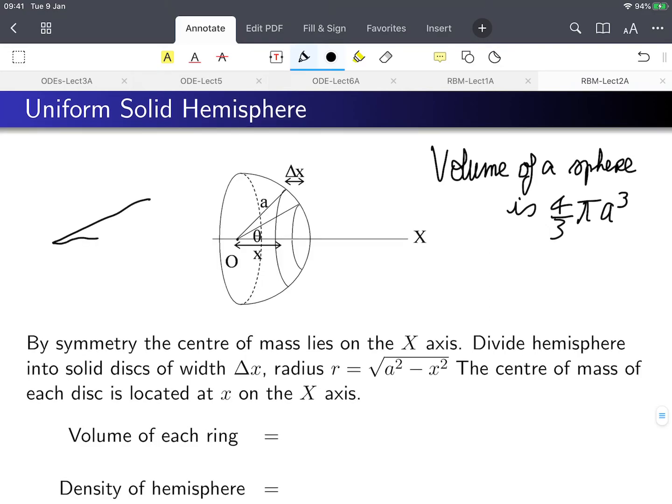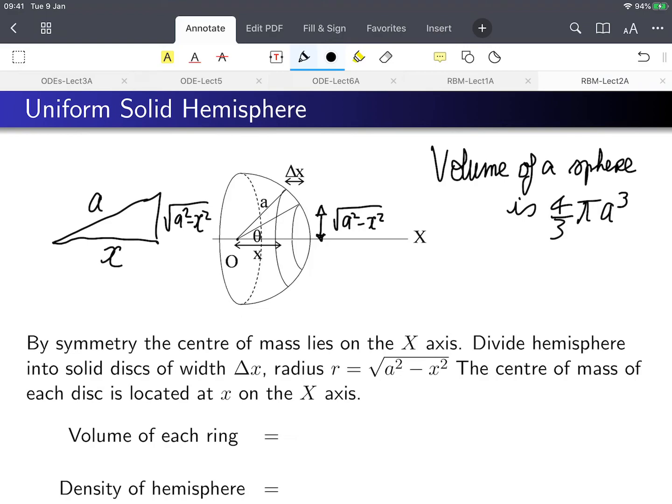And so if I look at this right angle triangle, if that's x and that's a, that's going to be the square root of a squared minus x squared by Pythagoras. Right, that's going to be the radius of the disk, which is what I wrote here. Radius is the square root of a squared minus x squared.